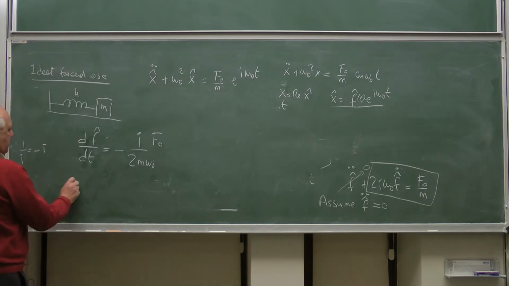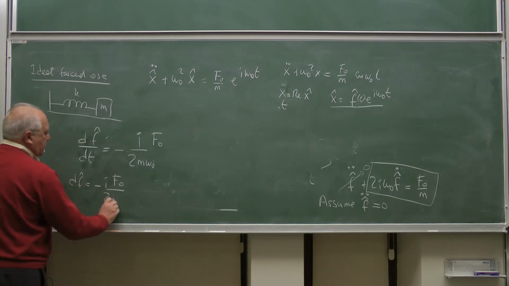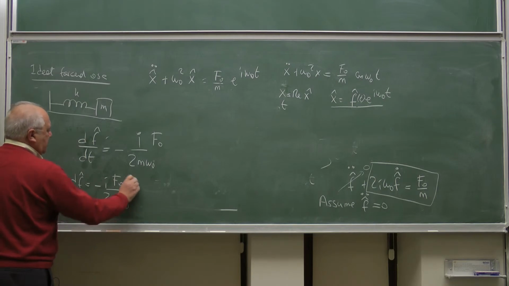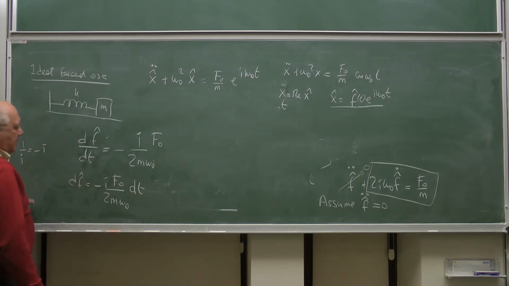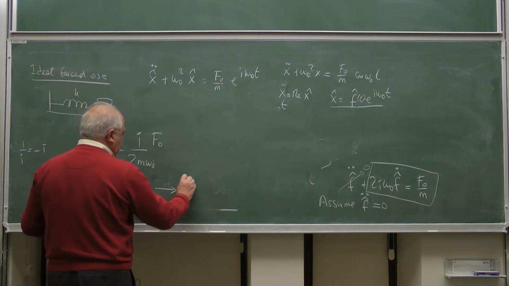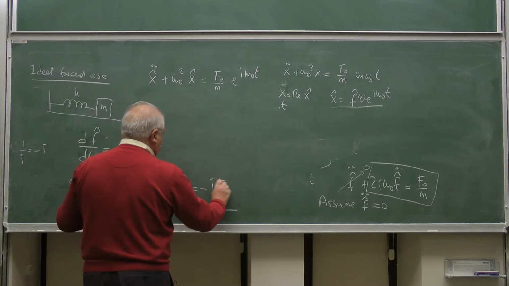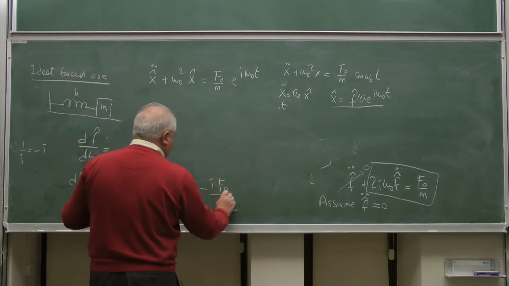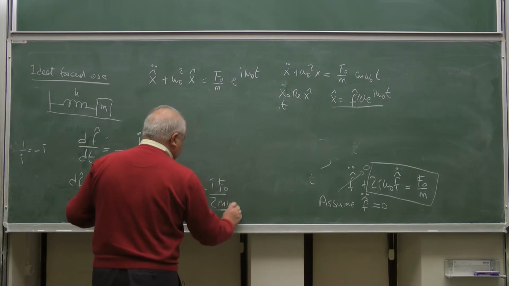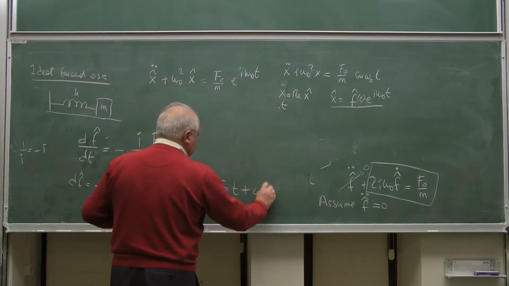So df is minus i f0 over 2m omega 0 dt, and the integral of it, the indefinite integral, f is equal to minus i f0 over 2m omega 0 t plus constant.